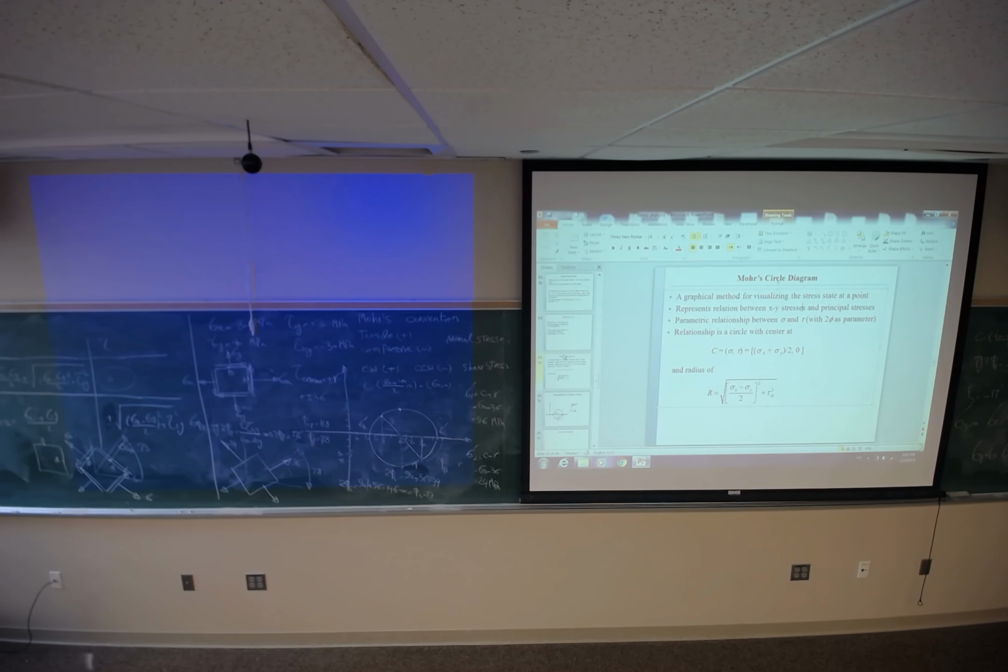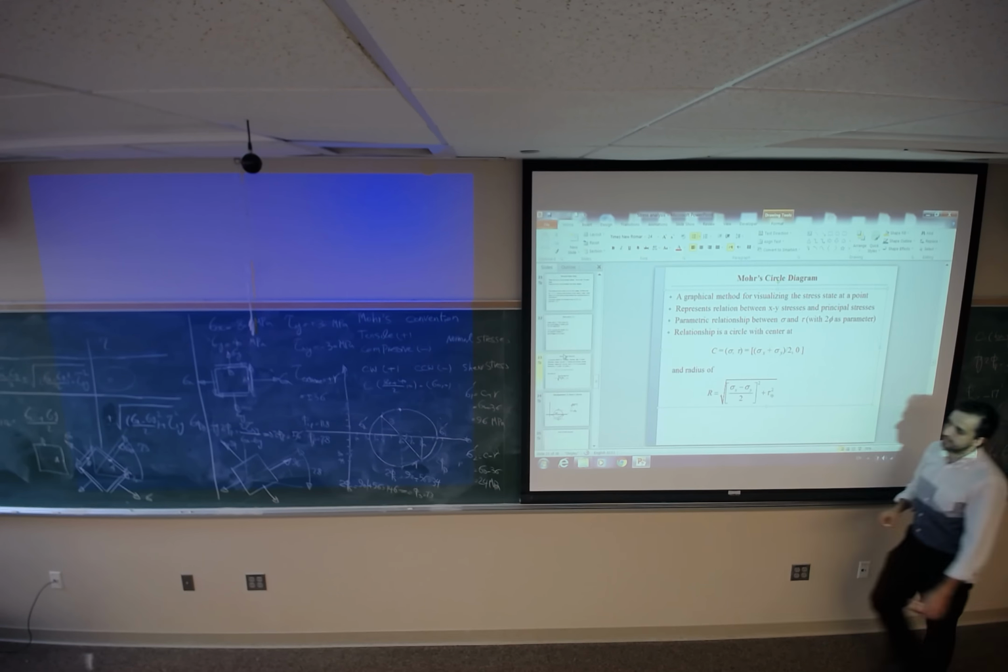Now, if I ask you what the maximum shear stress would be, if you remember, the maximum shear stress is always sigma 1 minus sigma 3 divided by 2. So 96 minus 0 divided by 2 is going to be 48. Tau max is always sigma 1 minus sigma 3 over 2.